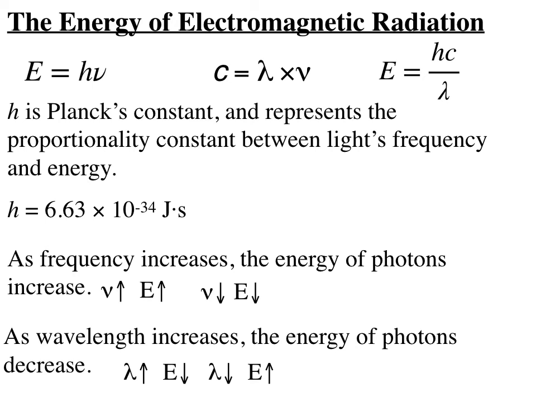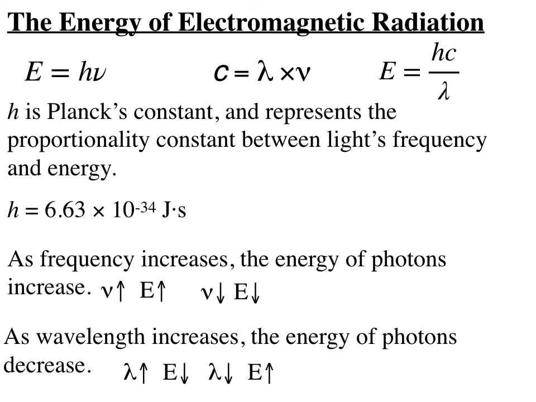Now, the other thing we should recognize is that because frequency and wavelength are inversely proportional through the relationship c equals lambda times nu, we can insert c equals lambda times nu into E equals h nu, and you would learn that E equals h, the same proportionality constant, times c, the speed of light, divided by lambda.